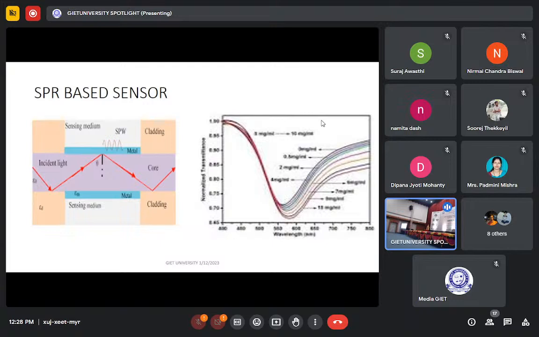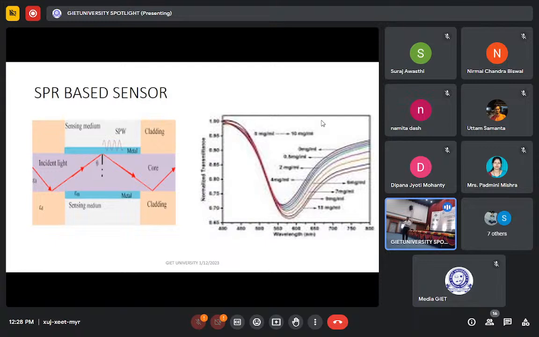And when you change the concentration of some biomolecules here, then this resonance wavelength will change. Therefore, you can calibrate between the change in concentration and the change in the resonance wavelength. And if this turns out to be a straight line, then you can use this for sensing application.